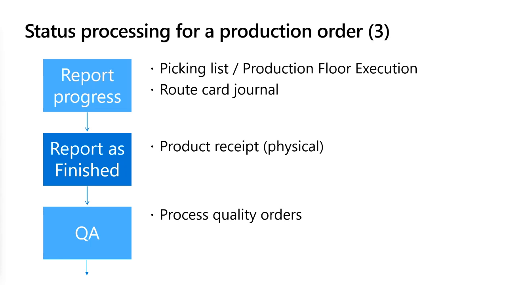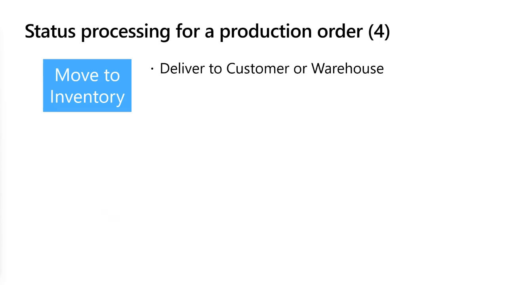The next phase is the quality assurance, where you can process the quality orders. It's a little bit out of the scope of the core production module, but still supports the overall process. The next phase or step would be to move the item physically to the inventory or actually deliver to the customer.